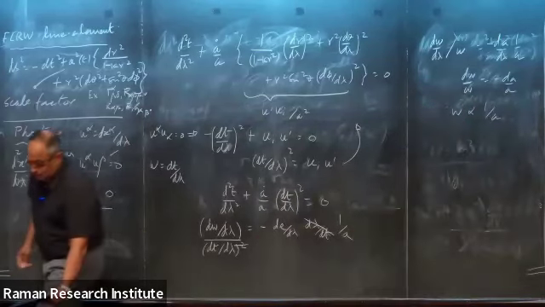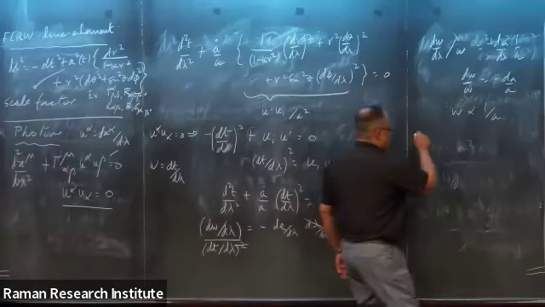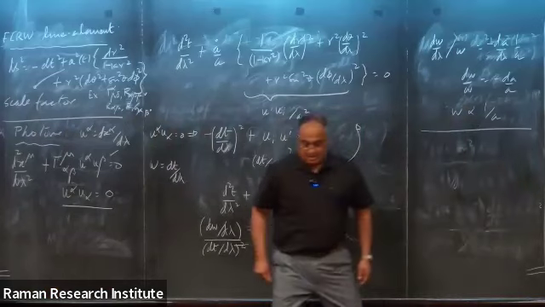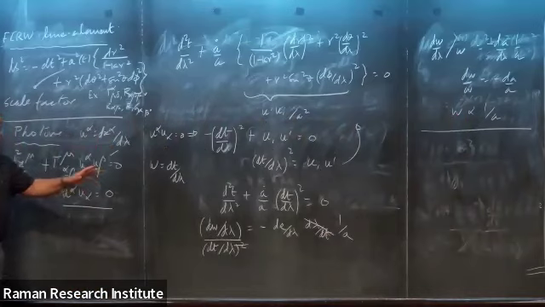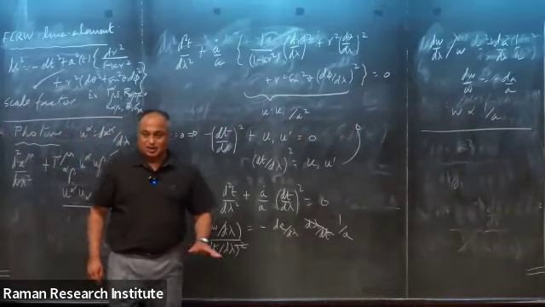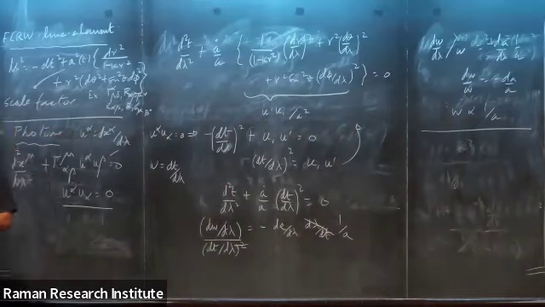What I have shown is that if you have a photon propagating in an FLRW universe, its frequency changes with time in that fashion. If I leave a photon in this expanding universe, its frequency will automatically redshift independent of what the source is, and it'll go as 1/A.